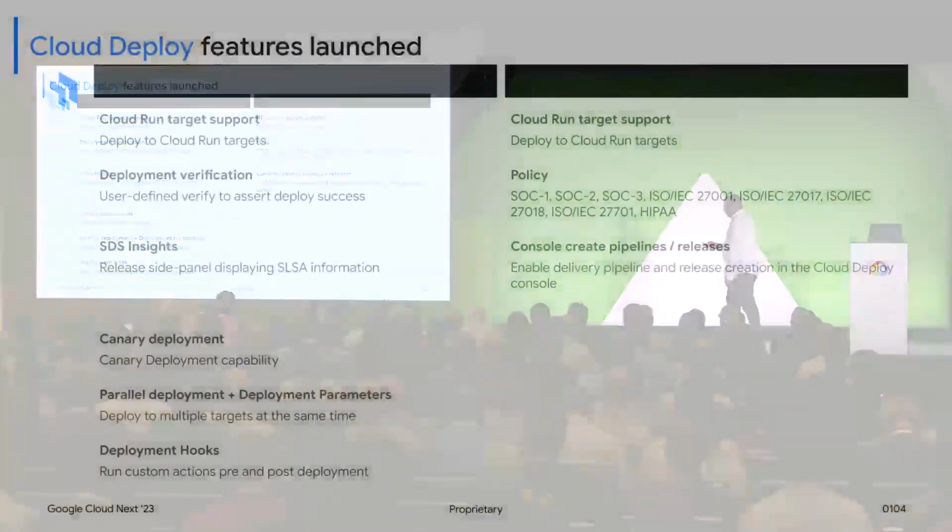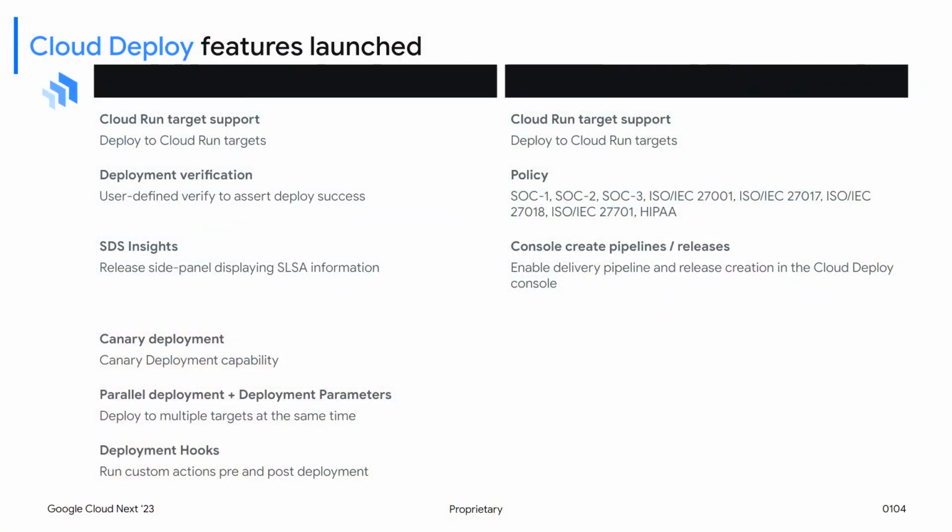And this is a list of all the features of Cloud Deploy that were launched in the last year. The team's been super busy, just cranking away, and there's a lot here. Okay, yeah, verifications there, SDS insights.